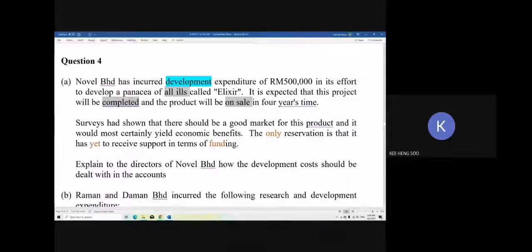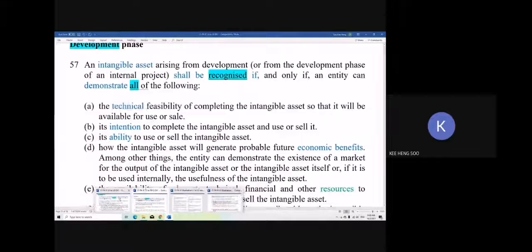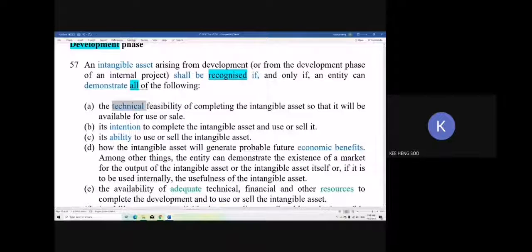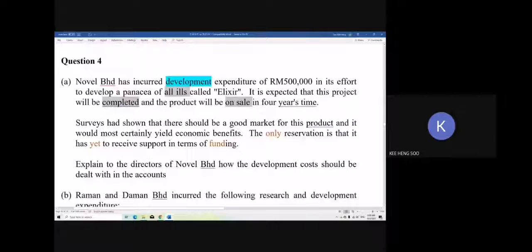And C, you got ability to sell it. Are you able to sell? There's a good market. If you got a tutorial question, this is A, this is B, this is C. Good market, C.